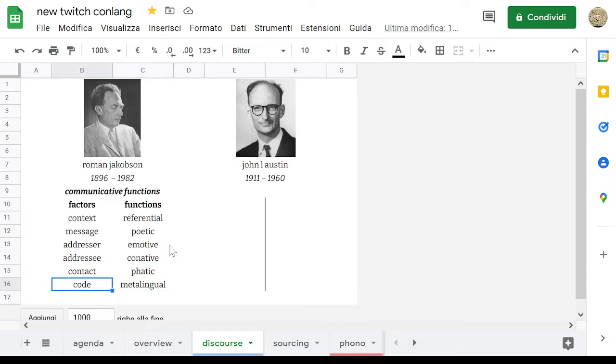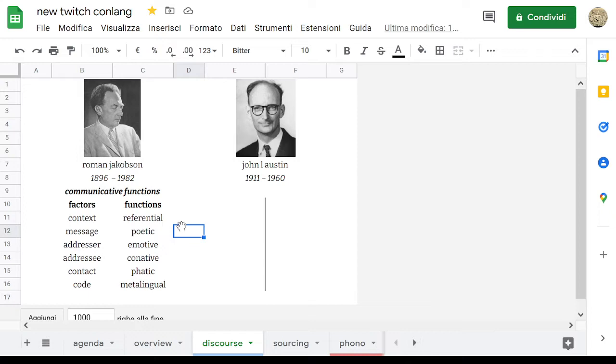A lot of people tend to just group this into referential. It's just that what you're referring to is the language itself. But Jakobson thought that this was its own unique kind of function. Some people call this reflexive, in that it's language referring back to itself. But this is how Jakobson thought of it, as a separate category.